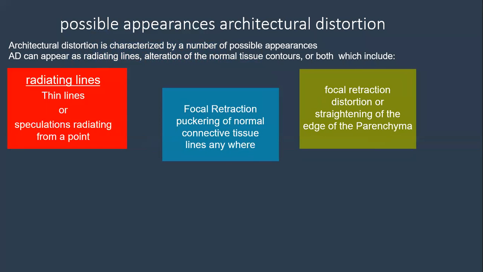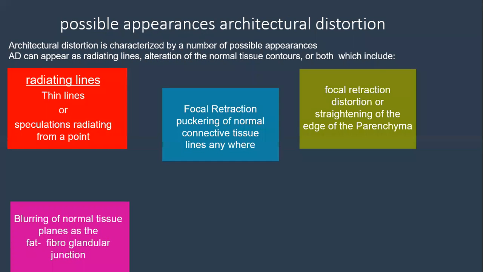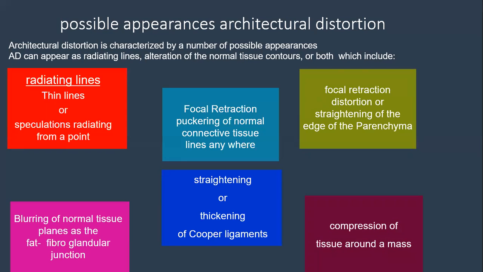It can be seen as focal retraction or buckling of the connective tissue lines anywhere within the breast, not necessarily at the contour of the fat glandular interfaces, or as blurring of normal tissue planes such as the fat glandular junctions. It can represent a straightening or thickening of the Cooper ligaments, and can be seen as compression from an adjacent mass.